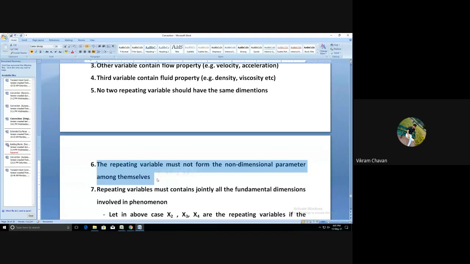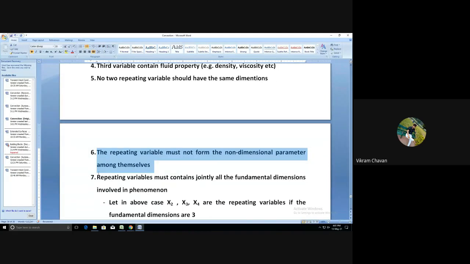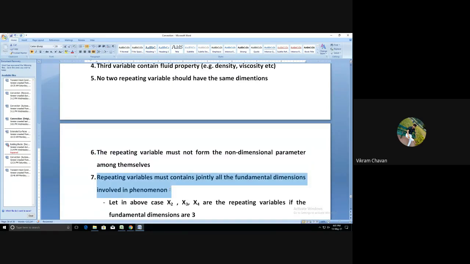Okay, then repeating variables must contain jointly all the fundamental dimensions involved in a physical phenomenon. जितने हमने इनिशियली बोला है कि m नंबर ऑफ फंडामेंटल डायमेंशन रहेंगे एक फिजिकल फिनोमेनन में, वो सब फंडामेंटल डायमेंशंस रिपीटिंग वेरिएबल्स में आने चाहिए. ये इसका मीनिंग है.